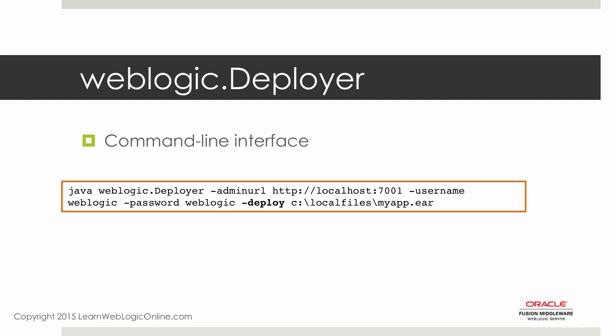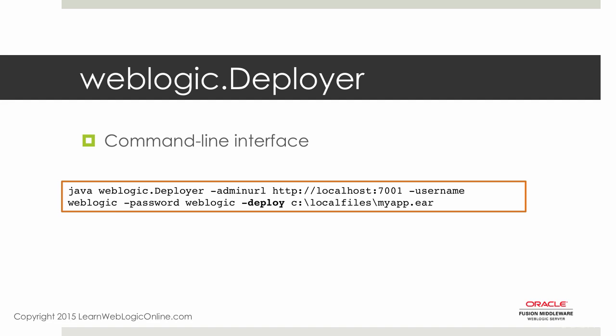You specify the username and password of the admin account for that server. And then you specify the location of the archive file or directory that you're going to deploy. Now, this is the bare minimum for deploying an application. This syntax deploys this myapp.ear application to the admin server that's running on port 7001.